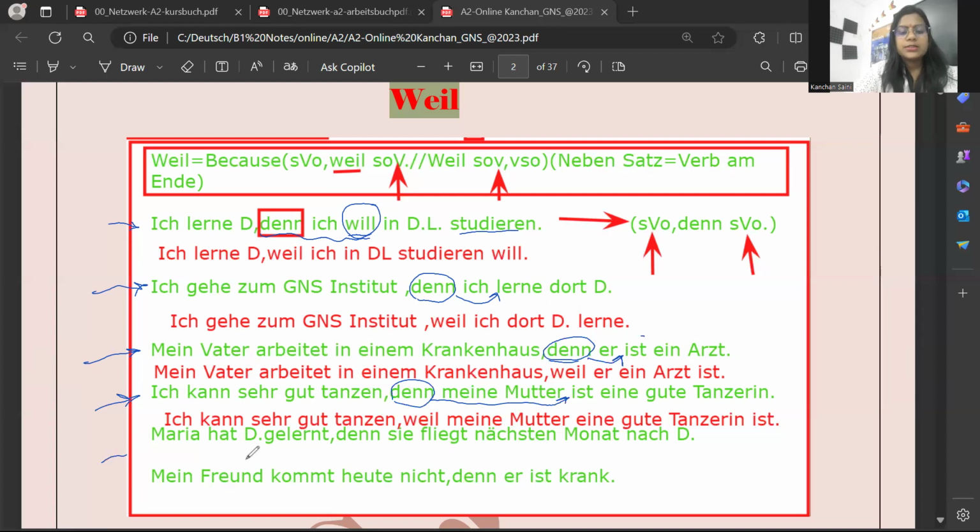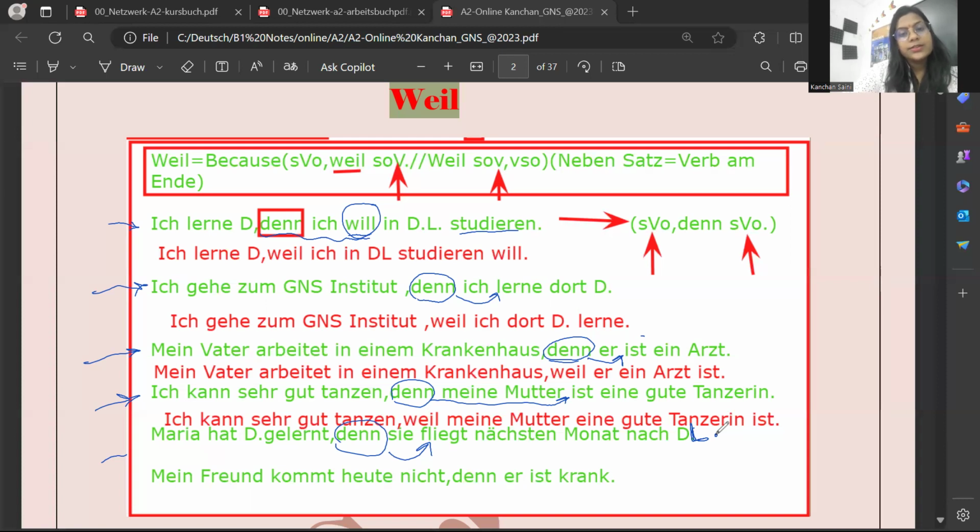Maria hat Deutsch gelernt, denn sie fliegt nächsten Monat nach Deutschland. Maria has learned German because next month she is flying to Germany.